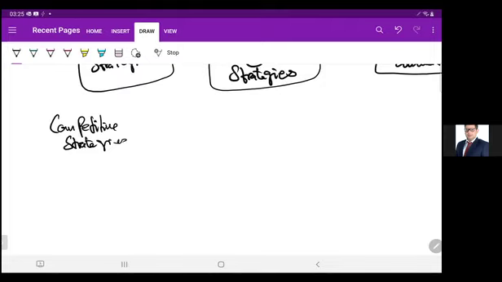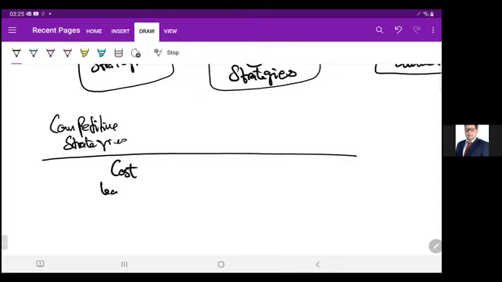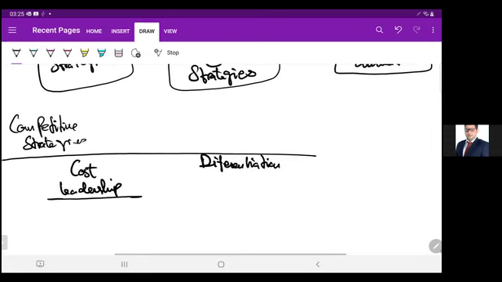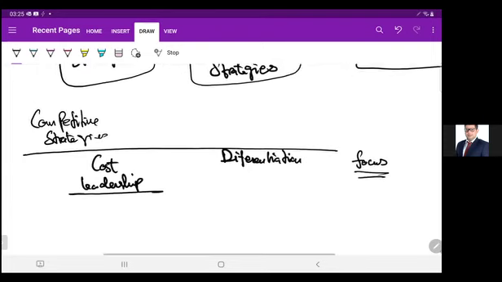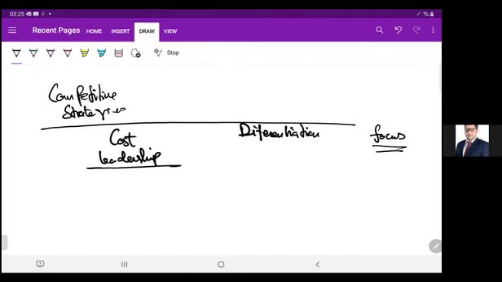And what are those three generic strategies? Cost leadership, differentiation, and lastly, the focus, right?